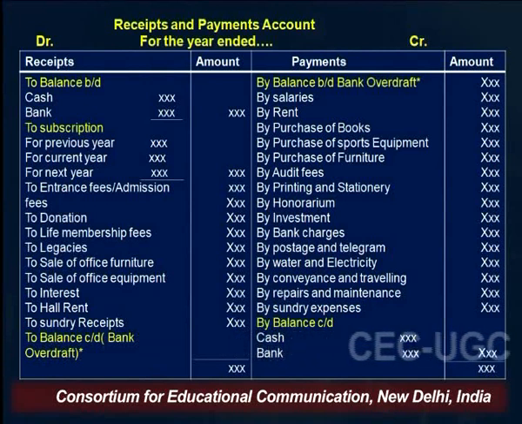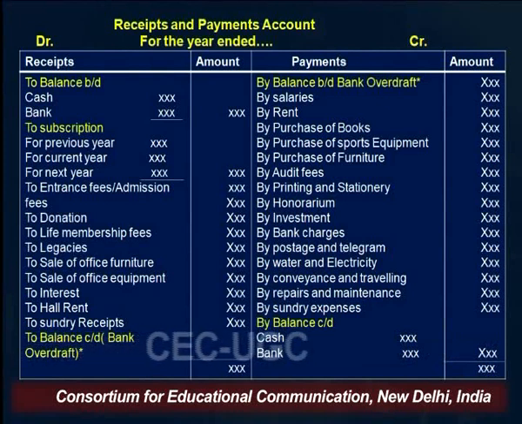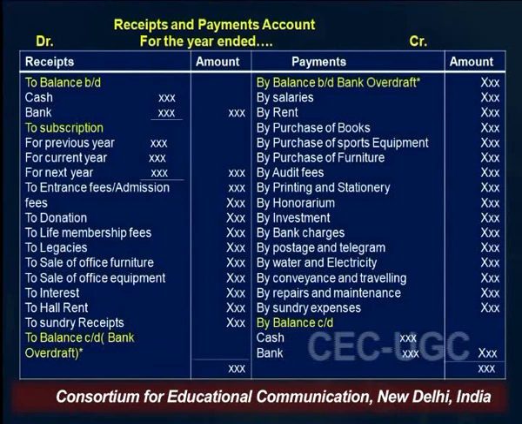So basically, what we have to see is that the receipt and payment account is given in the question, and out of it the income and expenditure account is needed to be prepared.